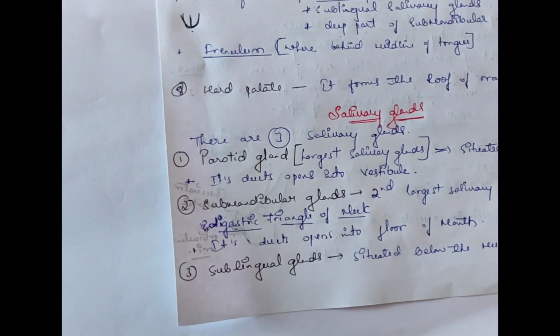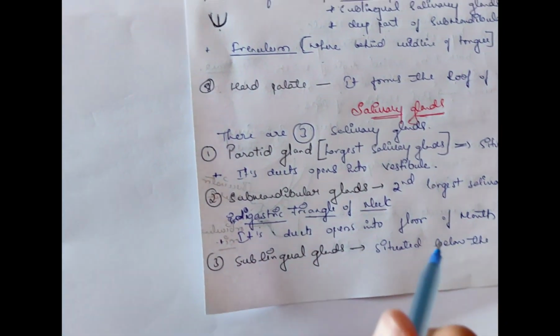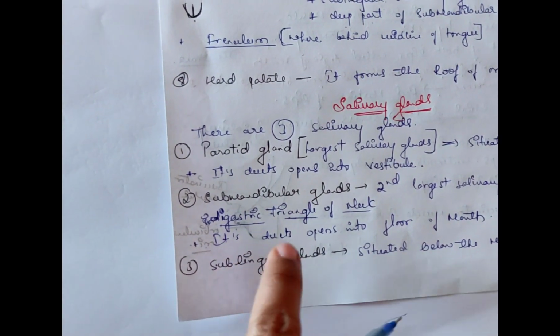The floor of the mouth is below the tongue, where there is a mucous membrane, and in that the sublingual gland is present.